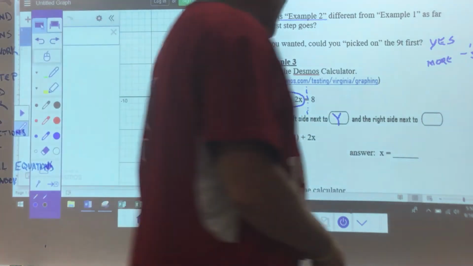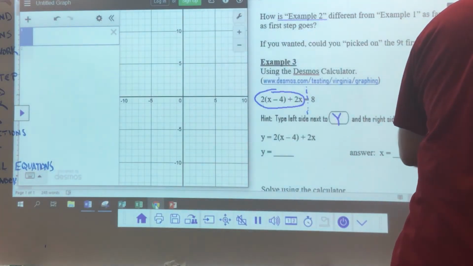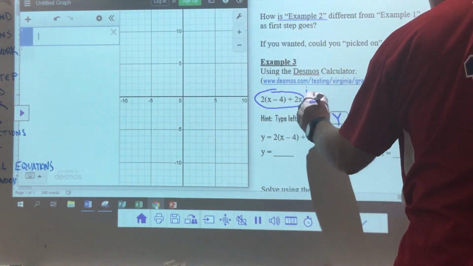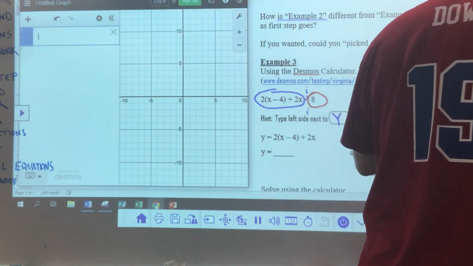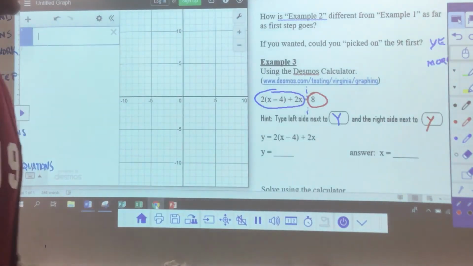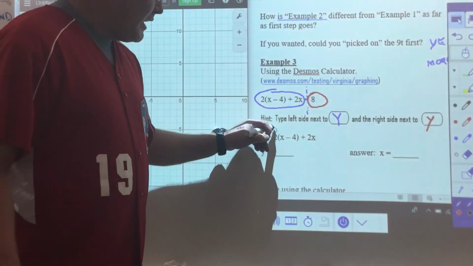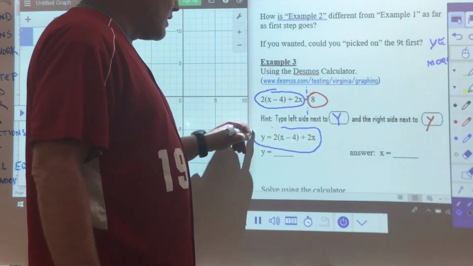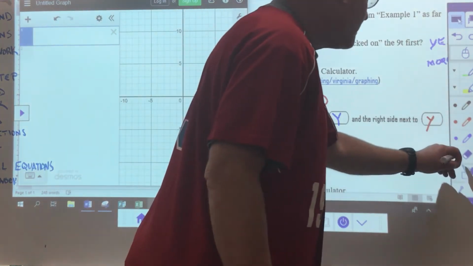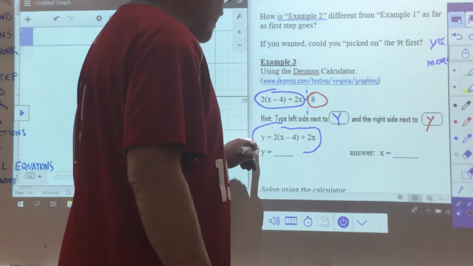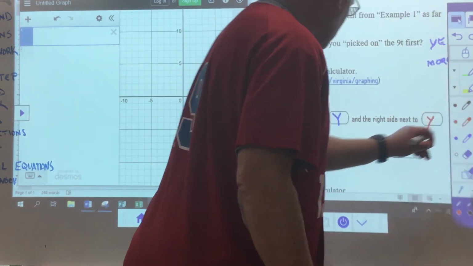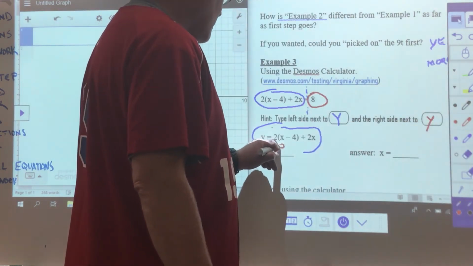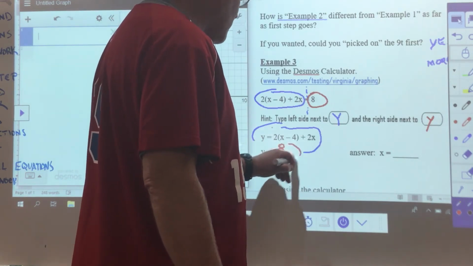And right underneath that, I'm going to take this right side right here, which is just an 8, and type it next to a y. So when I type it in, the first little box is going to look like that. The second little box is going to look like y is equal to 8.